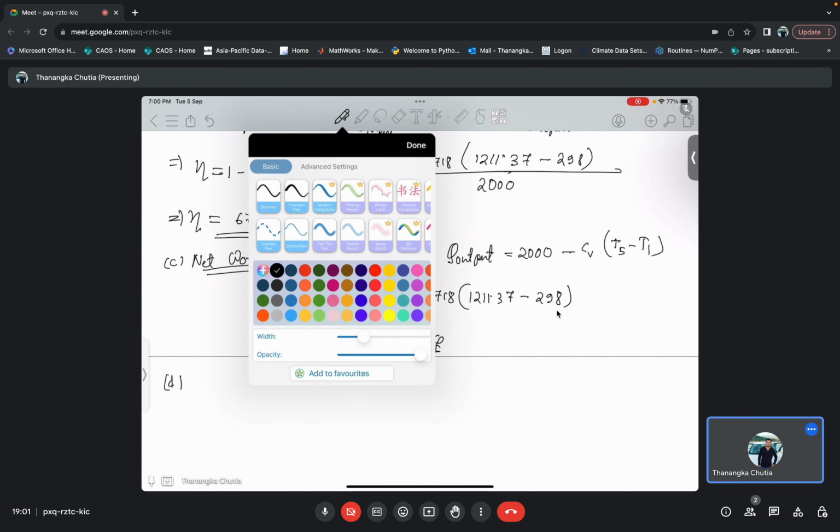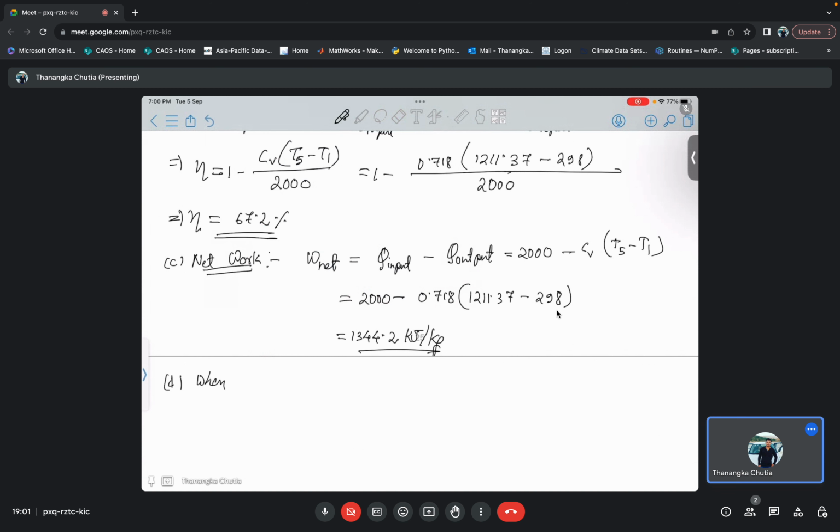So when 75% of total heat addition takes place in constant volume, that means Q 2-3, the constant volume process, is 75 by 100 into 2000, because the net heat addition was 2000 kilojoule per kg.